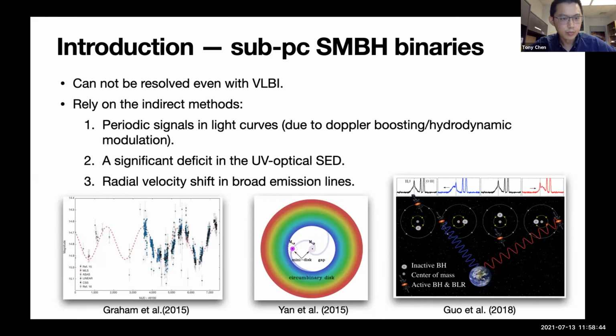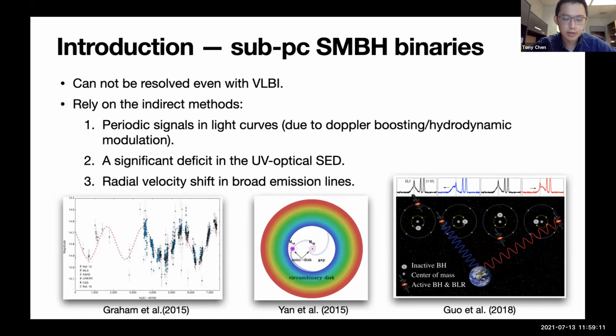On the other hand, we can also search for radial velocity shifts in their broad line region. By measuring their broad emission lines, we can know if binary black holes are orbiting around each other, and we can measure their radial velocity shift and understand if it's a possible candidate.